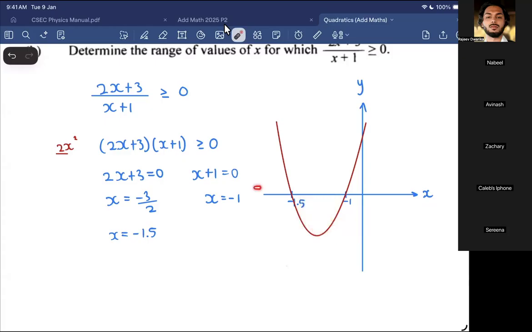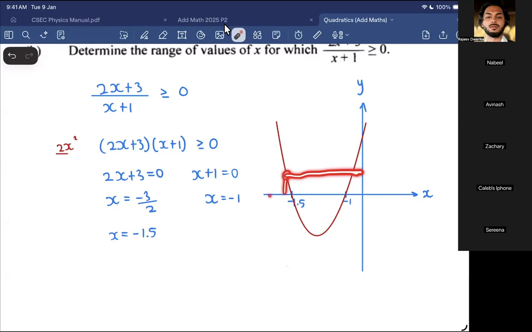What about if I take a value on the outside? You sure? Watch. If I take a value here, does it give me a positive or negative value for y? Positive. If I take a value here, positive or negative?